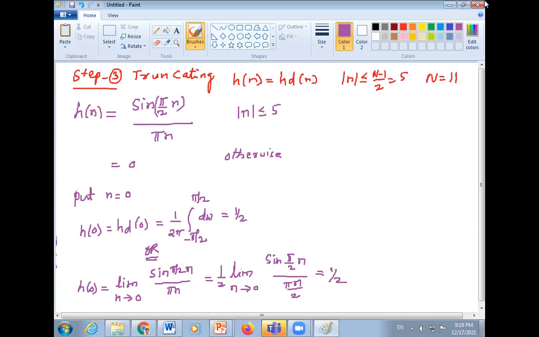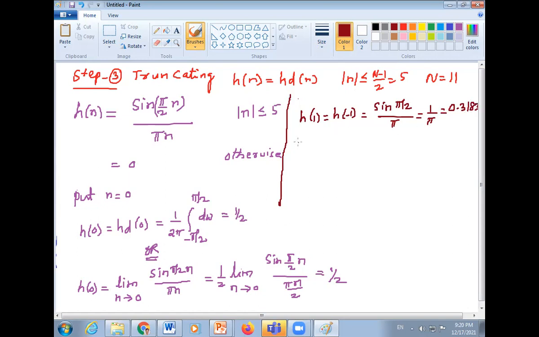So this is how we can calculate the value of h of 0, and then we can calculate the other values. h of 1 is equal to h of minus 1, which is sine pi by 2 divided by pi n, so it is 1 by pi, which is equal to 0.3183.